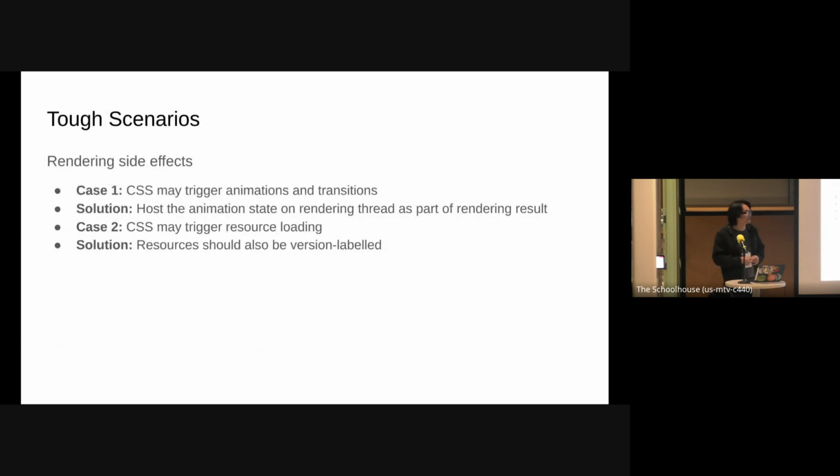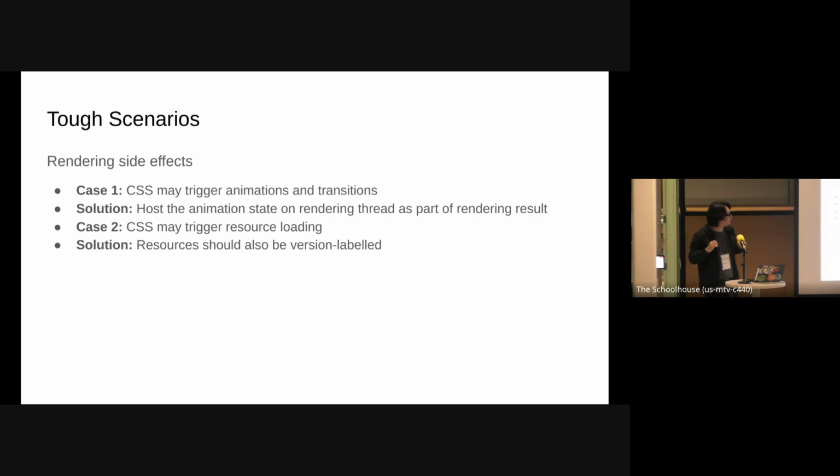Okay, now let's talk about the less good scenarios. Earlier I said in the abstraction that I consider rendering as just a consumer of the page state. But it's not exactly that. For example, again, animations. If the CSS contains animations, it will actually create animation state, which we still need to think about as part of the page state.